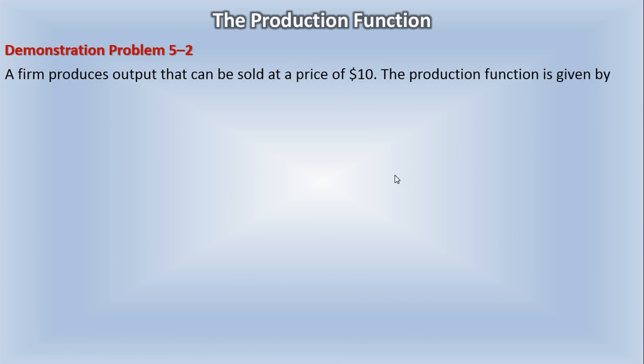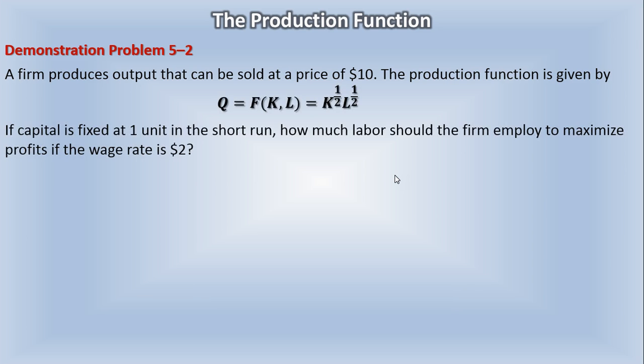All right, so here's a demonstration problem. A firm produces output that can be sold at $10 in the open market. The production function is given by this Cobb-Douglas production function. We're told that capital is fixed at 1 unit. Therefore, we are in the short run. So plugging that in will get us to our short run production function, which will just be a function of one variable, labor.